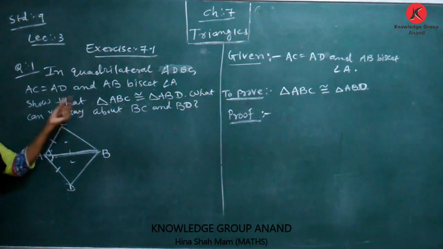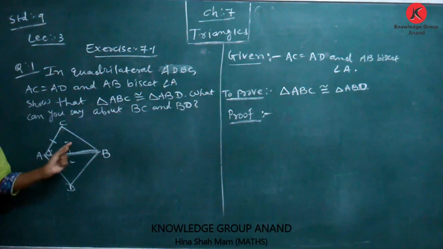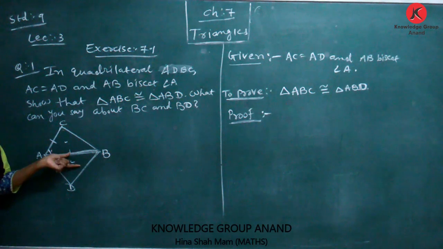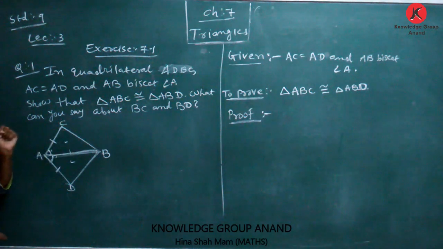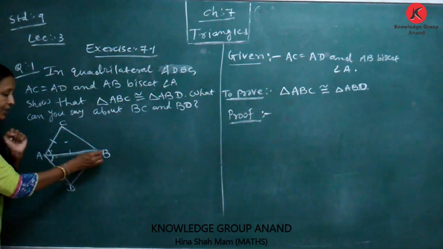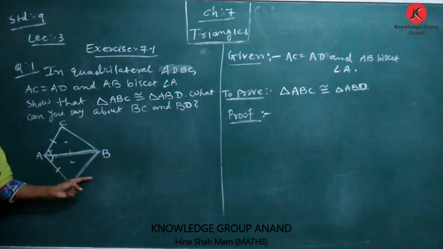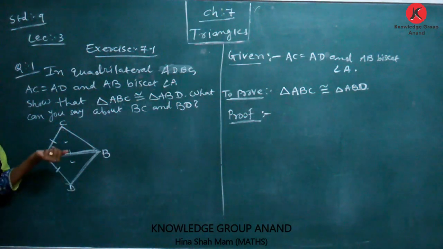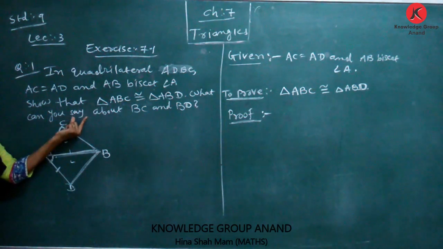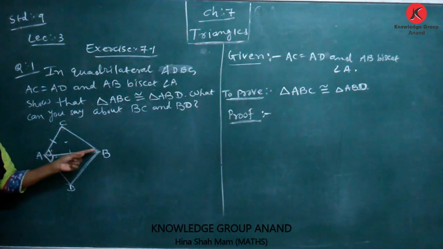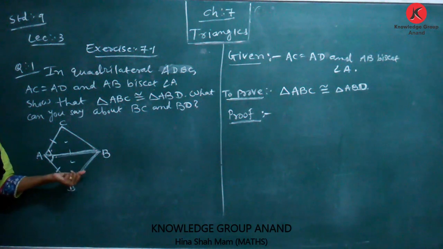And by SAS, we say that triangle ABC is congruent to triangle ABD. Both triangles are congruent. Then BC equals BD by CPCT, corresponding parts of congruent triangles. What can you say about BC and BD? We can say that BC is equal to BD.